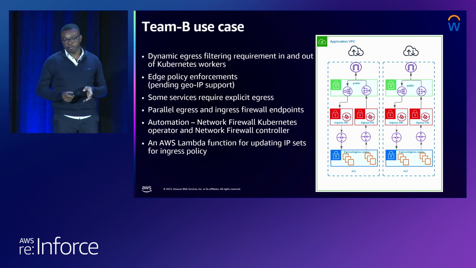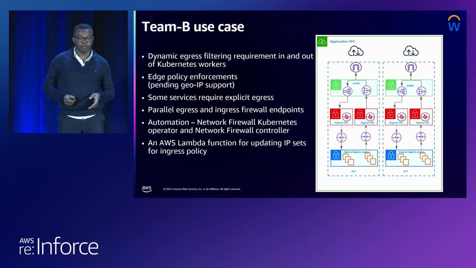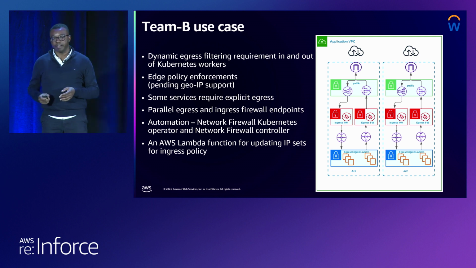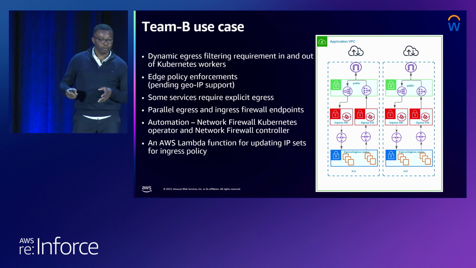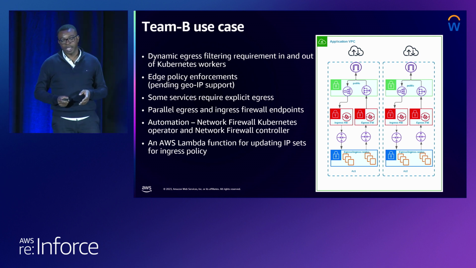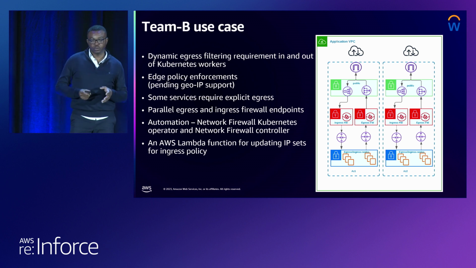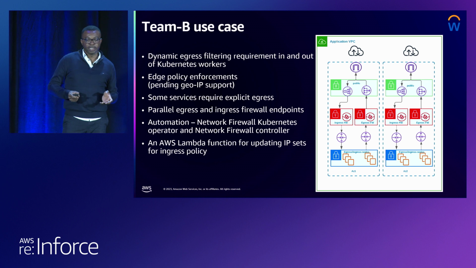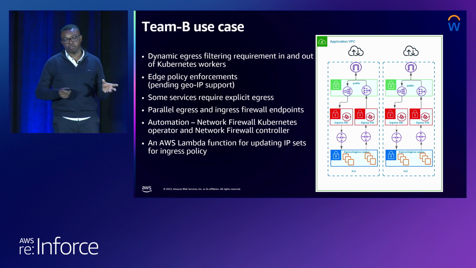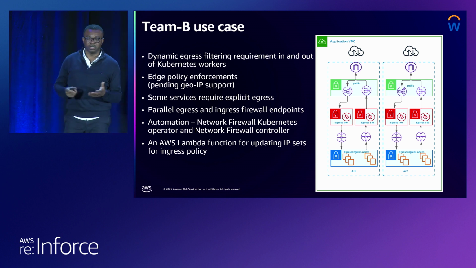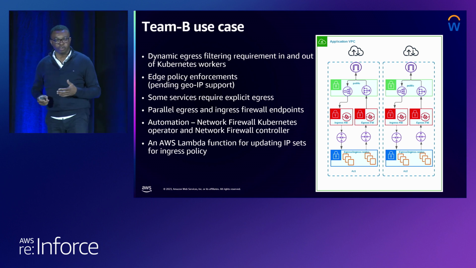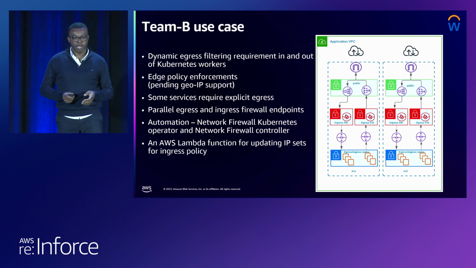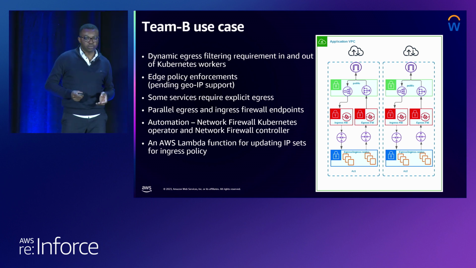But because they have all their workloads deployed in the private subnet, and they have client IP preservation enabled on the network load balancers, to avoid the risk of hairpinning, they deploy 2 network firewalls in their infrastructure. This is okay by us. We don't really have a problem with that.